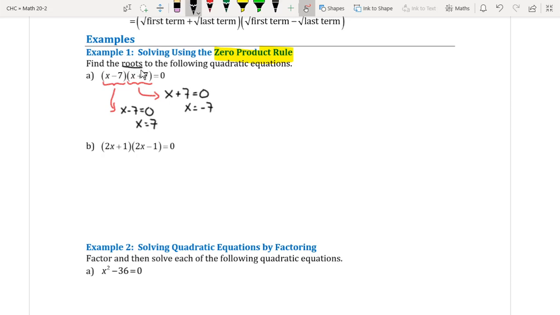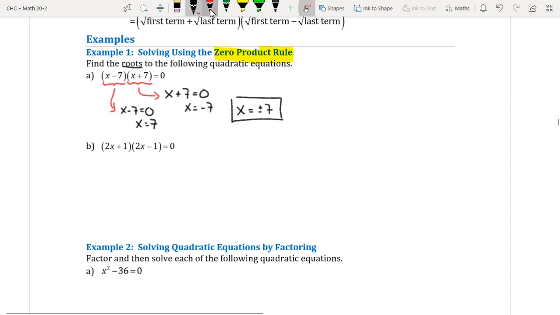So the roots to the following quadratic equation are x equals plus minus 7. So either positive or negative 7, which means that if x is either positive or negative 7, one or the other of these binomials here would be 0, and 0 times any number would be 0. So that's our root.